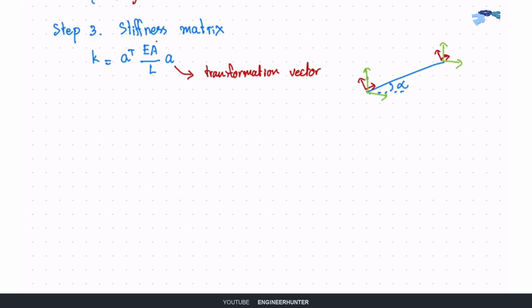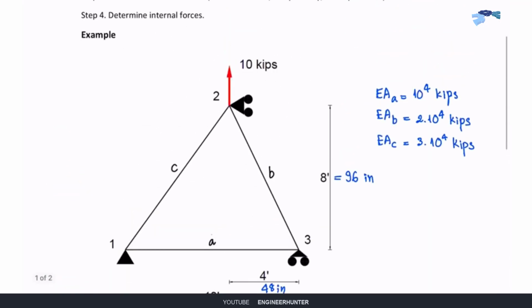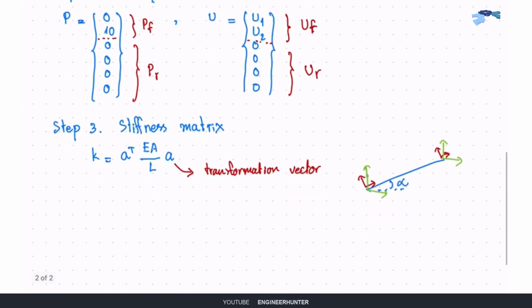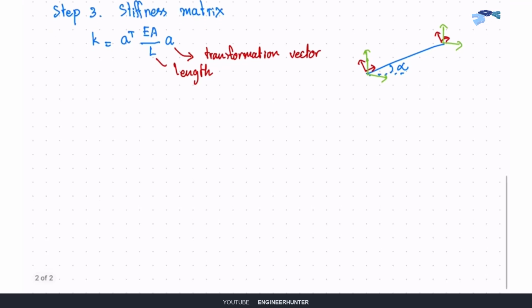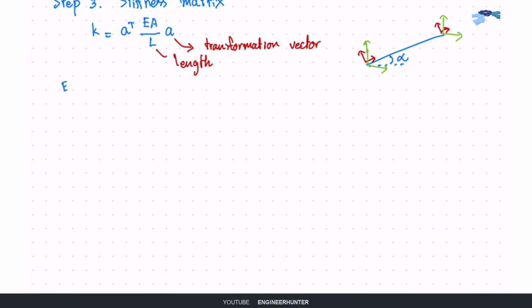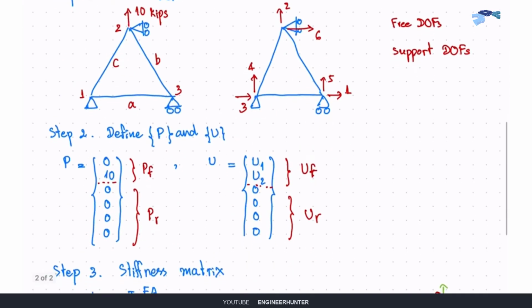And we know EA here from this, and L is the length of the element. Okay, so for element A, we can draw element A.